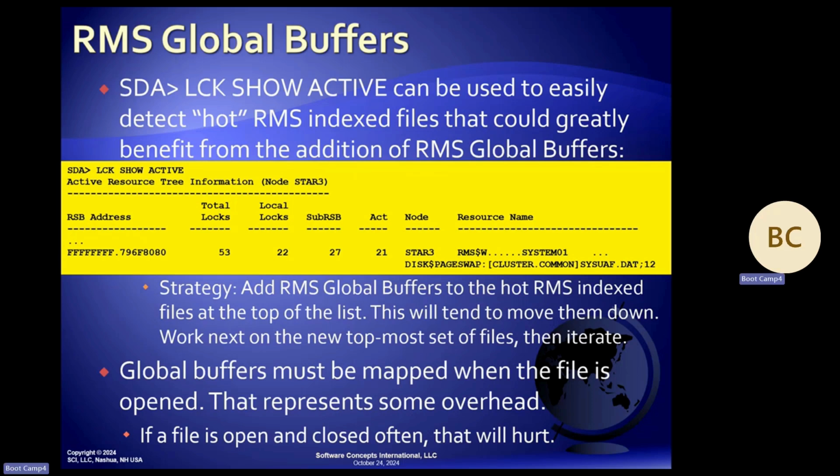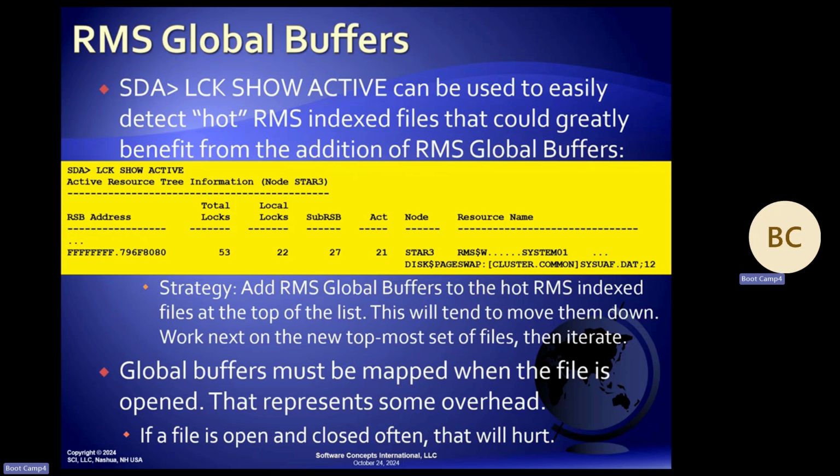So you know it's a busy file, you just don't know how much busier. Anyway, start at the top of that list, add RMS global buffers to the top RMS index files in the list, and then iterate until you get rid of a lot of block operations in your cluster. This will also help the IO efficiency, since those RMS global buffers will be helping with the actual IO statistics as well.